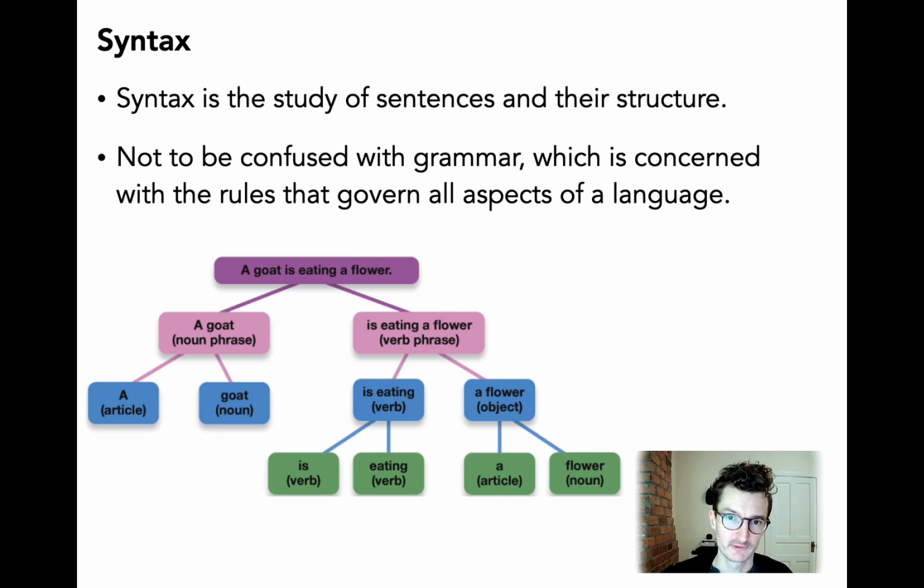Grammar refers to the rules that govern all aspects of a language. People who study syntax might look at a sentence and break it down into its constituent parts using what's called a parse tree, which you can see on the screen here. All sentences must have a noun phrase and a verb phrase, for instance. You can break a sentence down into its various parts, which have been combined in a rule-based way.